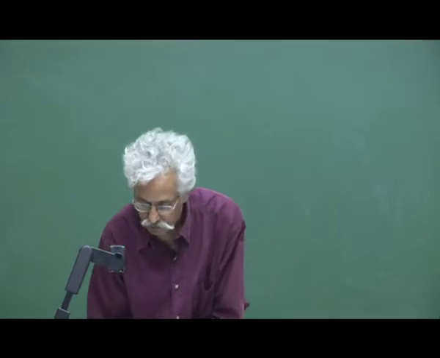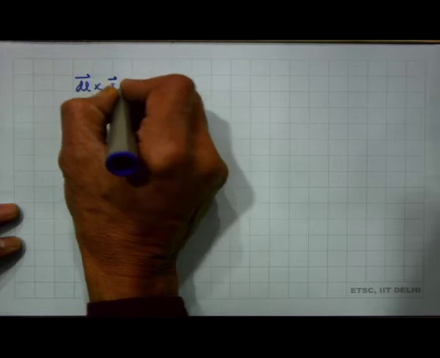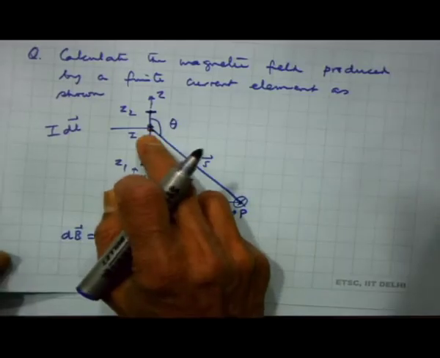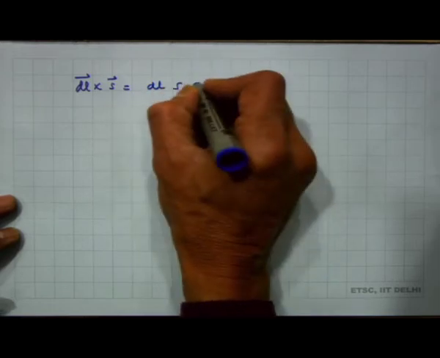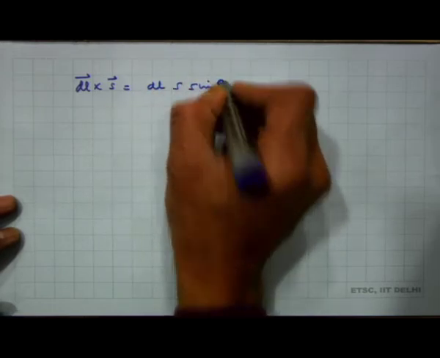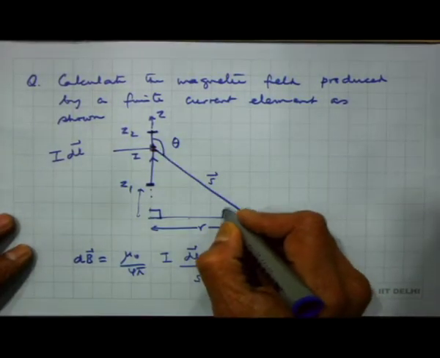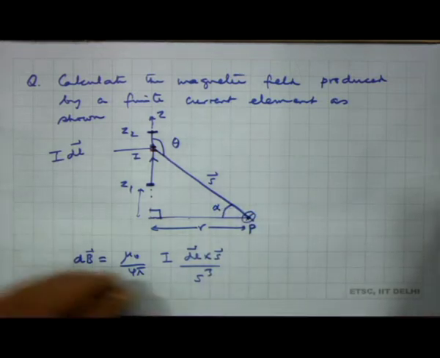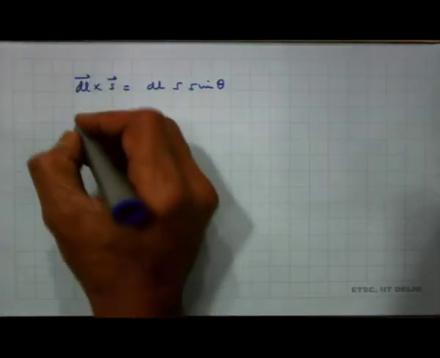and I have defined the angle theta. So, now what is dl cross s? So, dl cross s, if theta is this angle, I will have dl s sin theta. Now, what is theta? If I call this alpha, then sin theta is nothing but cos alpha.